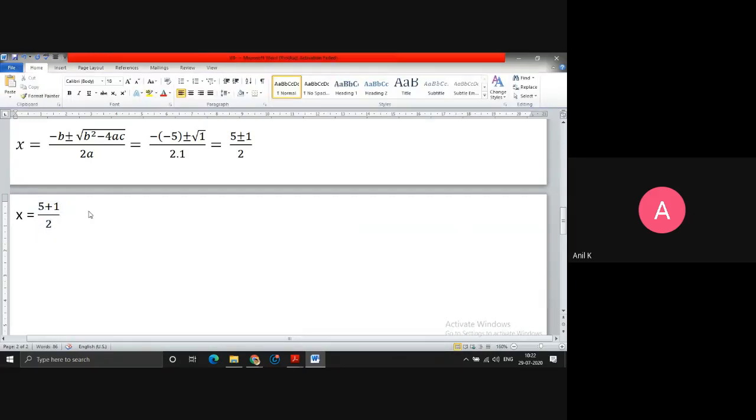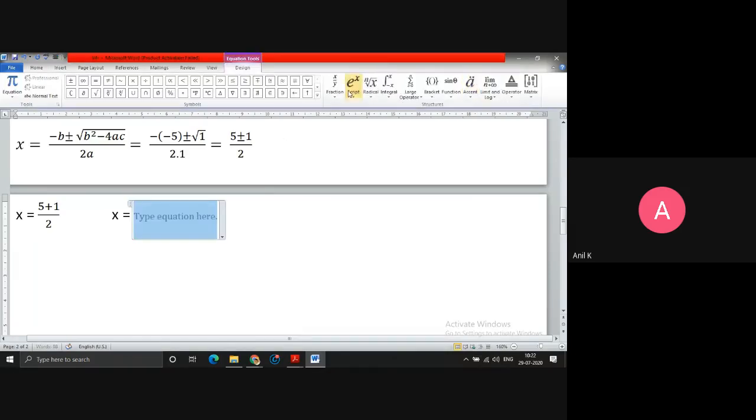Another case is x equals 5 minus 1 upon 2. Here you have a plus or minus sign, right? So I have taken the plus sign as case 1 and the minus sign as case 2.